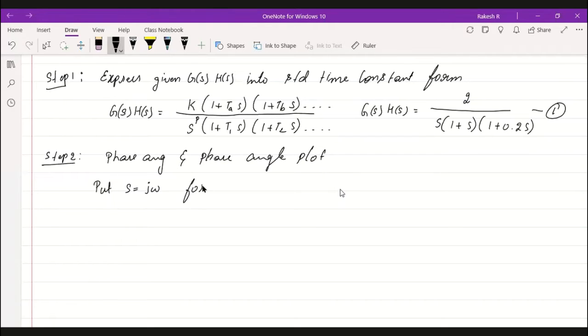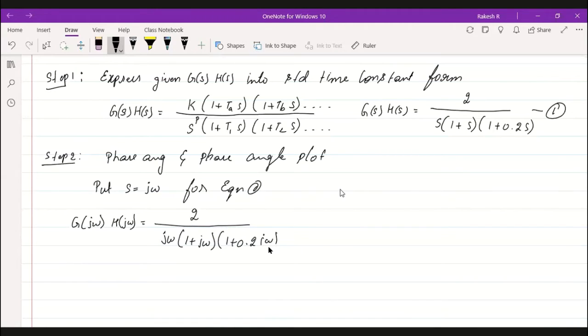Now the given question becomes g of j omega into h of j omega equals 2 divided by j omega into 1 plus j omega into 1 plus 0.2 j omega here. Right?